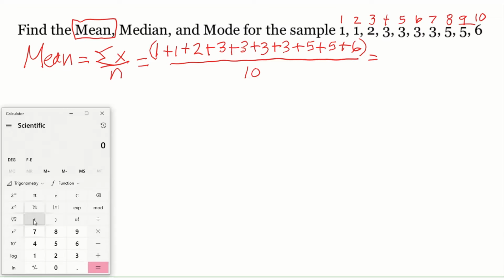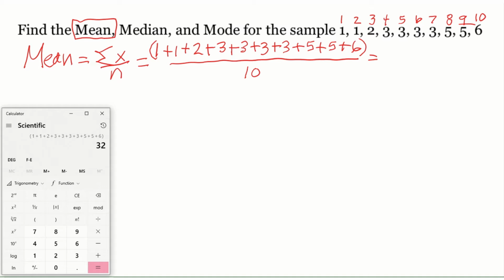We're going to go parentheses 1 plus 1 plus 2 plus 3 plus 3 plus 3 plus 3 plus 5 plus 5 plus 6. Then I'm going to double check that I have all of my values, and then close my parentheses.